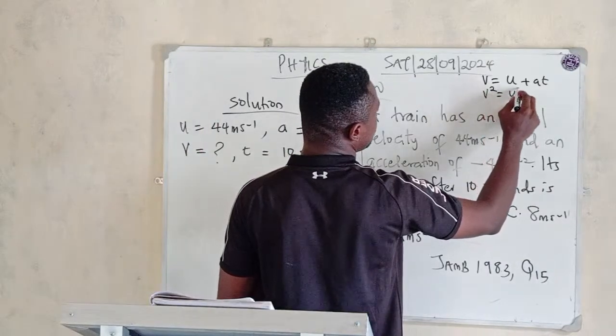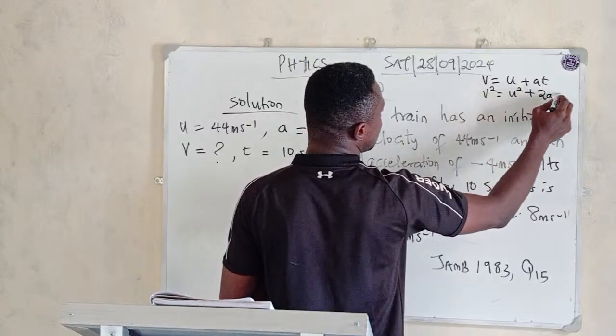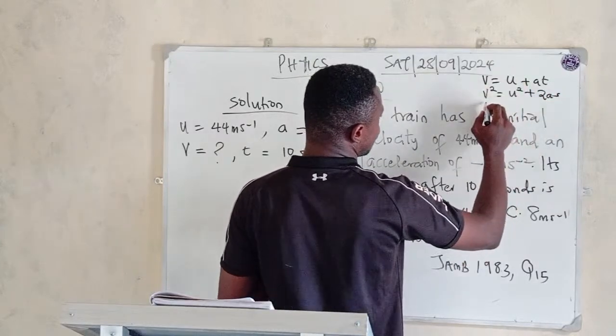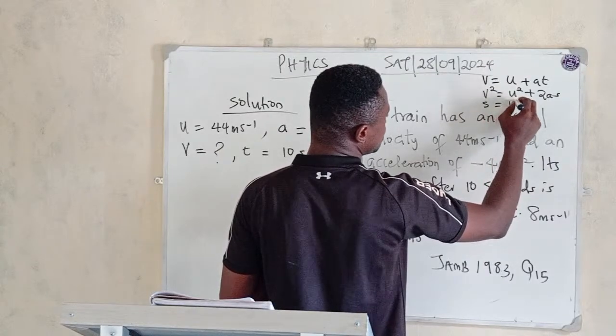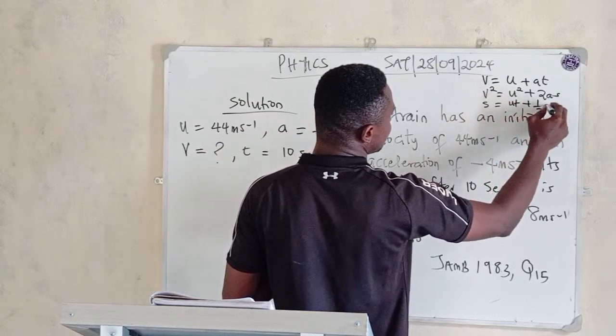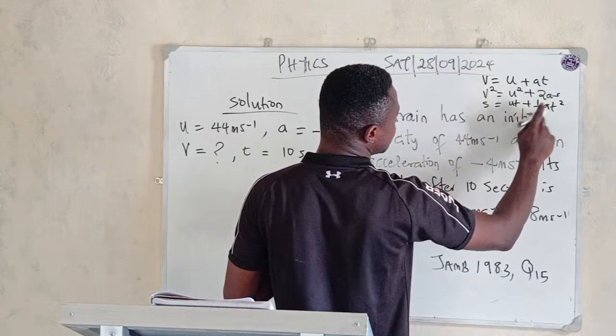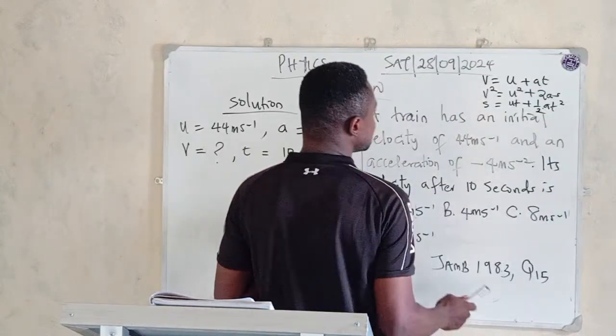The equations of motion are: v squared is equal to u squared plus 2as. We also have that s is equal to ut plus half at squared.